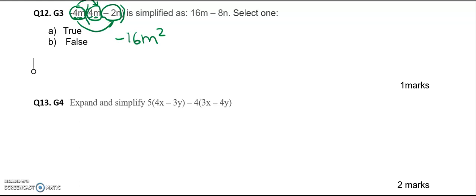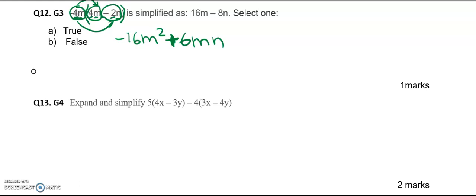Minus and minus multiplied together give us positive, plus. So two signs that are the same, when they multiply, give us a positive sign, or a plus. Then we've got 4 times 2, which is 8, and we have m times n, which gives us mn.